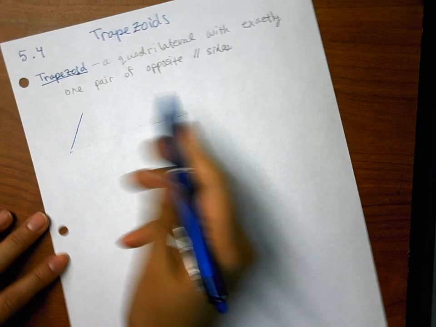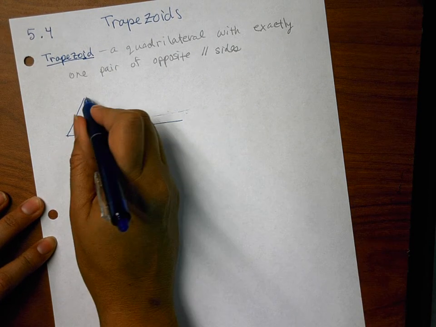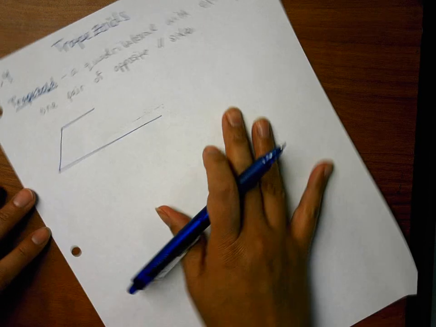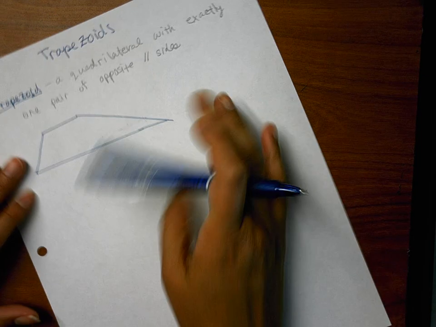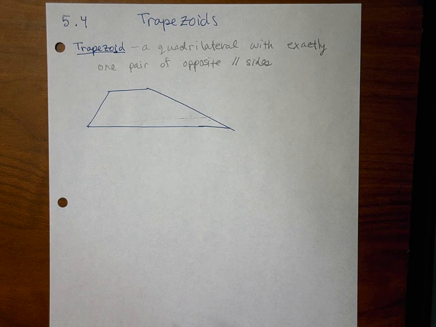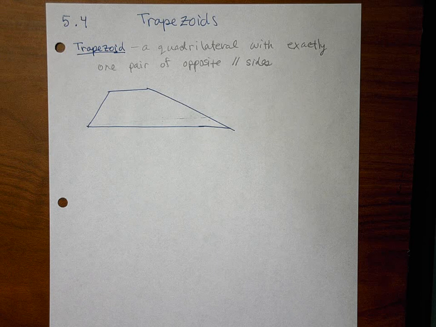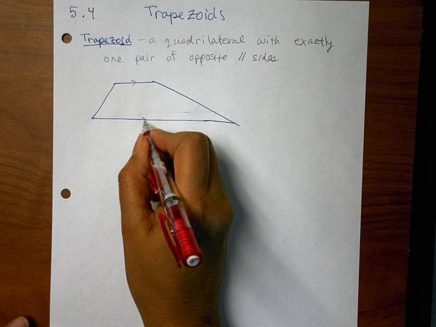Draw that base again. Okay, so there is our trapezoid with exactly one pair of opposite sides that are parallel.